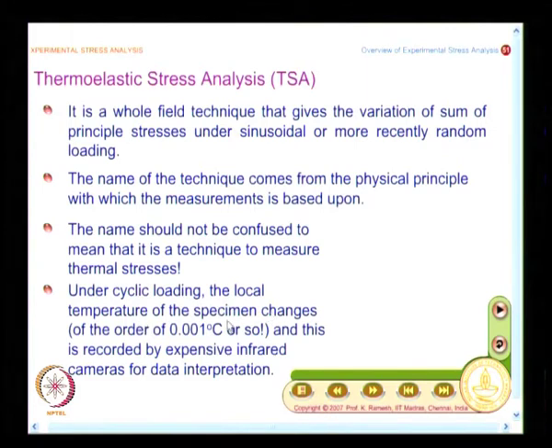this change is very small, you cannot go and touch and feel it. It is of the order of 0.001 degrees centigrade or so. It is a very small measurement from the temperature point of view, and this is recorded by expensive infrared cameras for data interpretation.